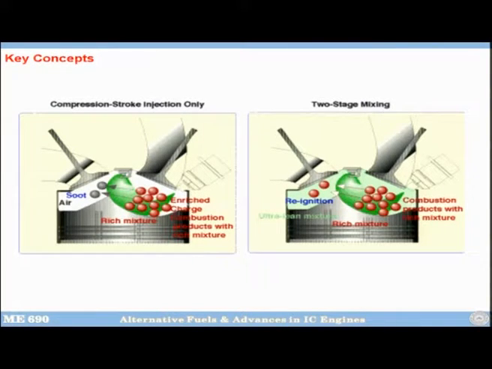It will just freeze because the combustion can happen only when the fuel air mixture is within the flammability limit, right, and this soot will not be able to increase the air fuel mixture strength in this zone to that flammability limit. That is why it does not burn and it comes out as soot in the exhaust stroke. On the other hand, when you are doing two stage mixing, one quarter of the fuel has been put and it makes a very lean mixture which will not burn under ordinary circumstances.